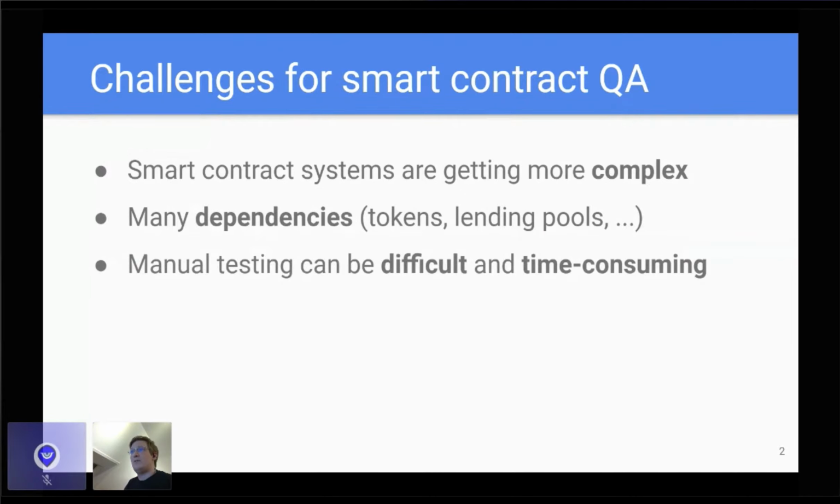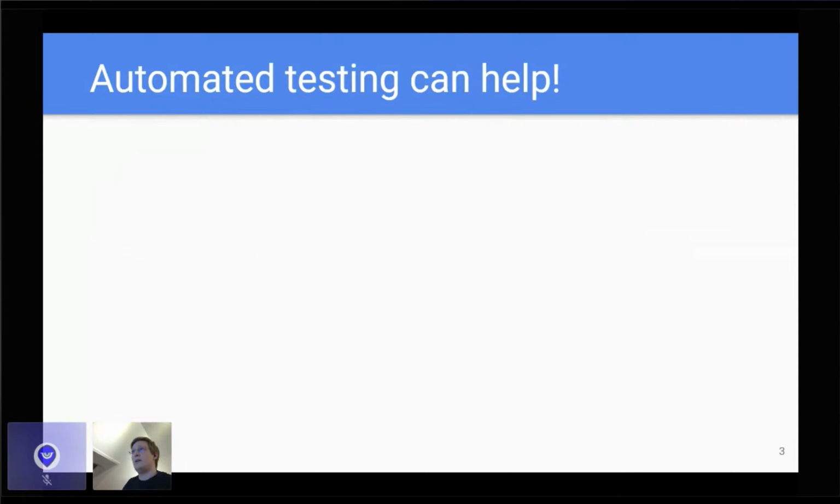That makes it pretty difficult to actually do manual testing of these systems, and it also makes it quite time-consuming. So in order to help with that, automated testing is a great way to start.